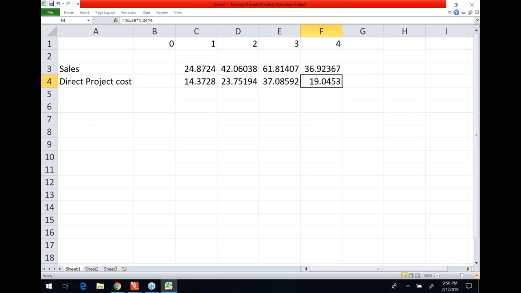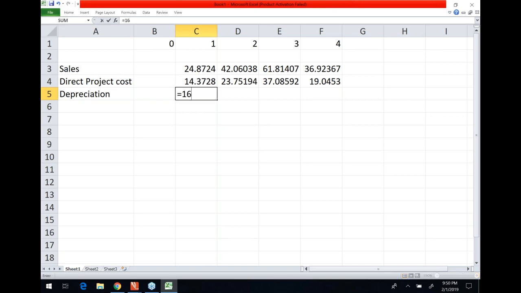Now what next is there? We are expected to have depreciation. So we need to incorporate the concept of depreciation here. The depreciation in the first year is expected to be 50% of the cost of the asset, which is the plant and machinery.